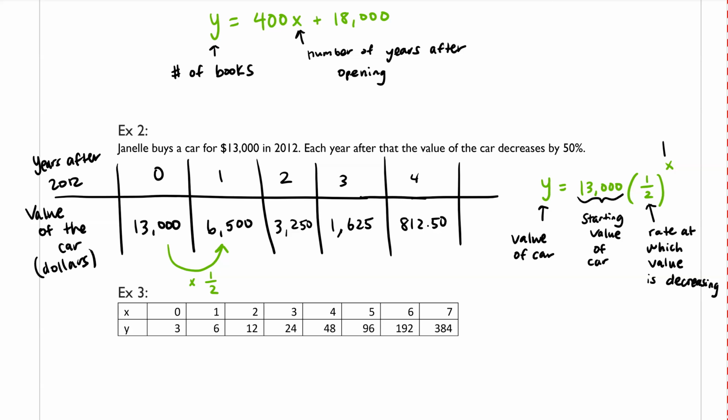And then x, our input, is the number of years after 2012. All right, so that one was an exponential function. The first one was a linear function.